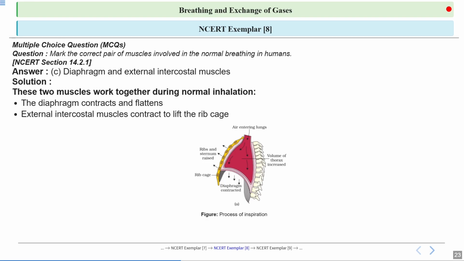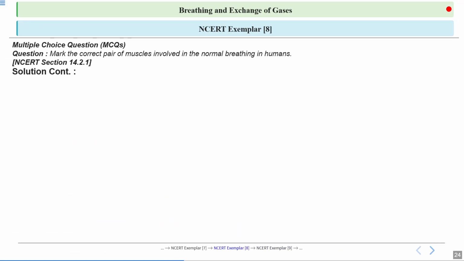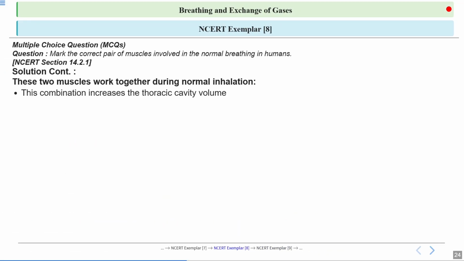So here you can see the two muscles. These two muscles work together during normal inhalation. This combination increases the thoracic cavity volume. Yes, the movement of the diaphragm and the contraction of the external intercostal muscles uplift the thorax region, the rib and the sternum, right?